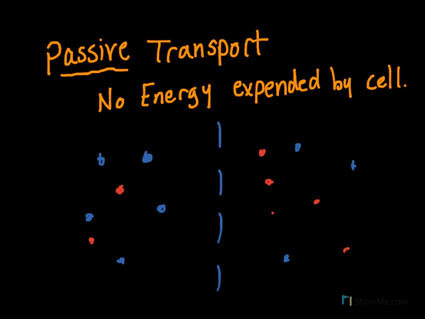If they're at room temperature or greater, or even lower than room temperature, those molecules will be moving, especially if they're in a liquid or a gas. So we have molecules just moving randomly around. That's all they're doing. And they just randomly either enter the cell or leave the cell. That didn't take any energy by the cell. So that's passive transport. No energy expended during diffusion or osmosis.